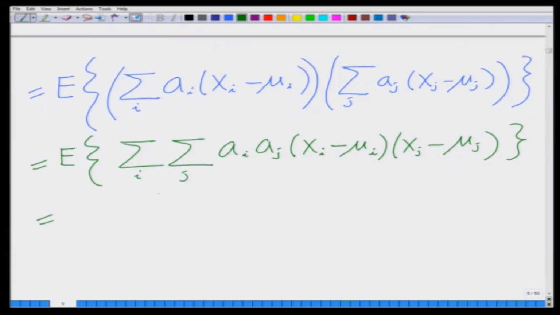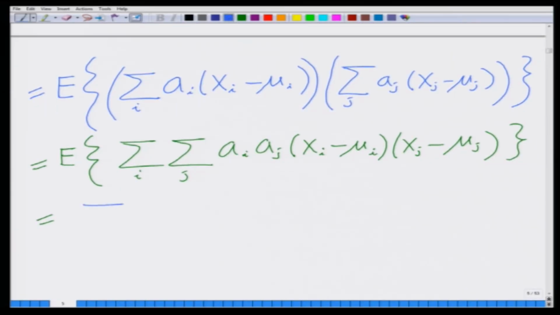And terms in which i is not equal to j, such terms we have a_i a_j (x_i minus mu_i) times (x_j minus mu_j). When I take the expected value of that term, it reduces to a_i a_j times the expected value of (x_i minus mu_i) times (x_j minus mu_j), which is basically a_i a_j sigma_ij. Okay. So, we have two kinds of terms.